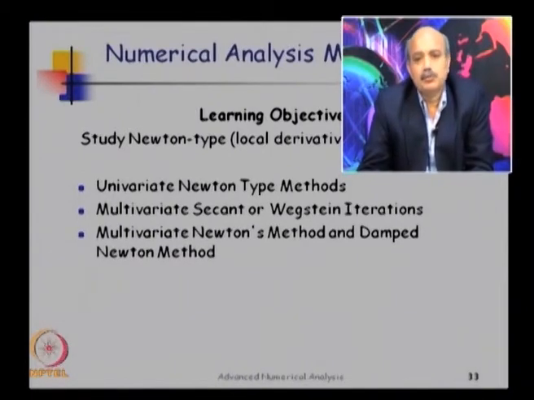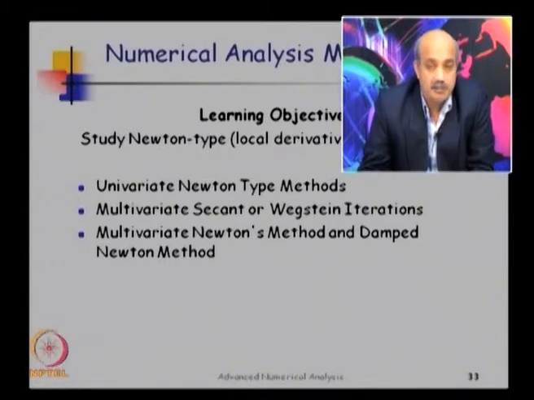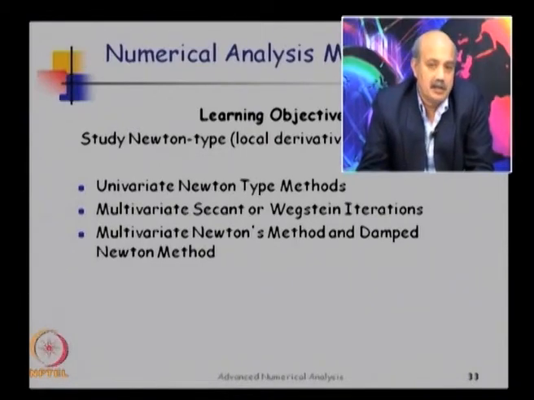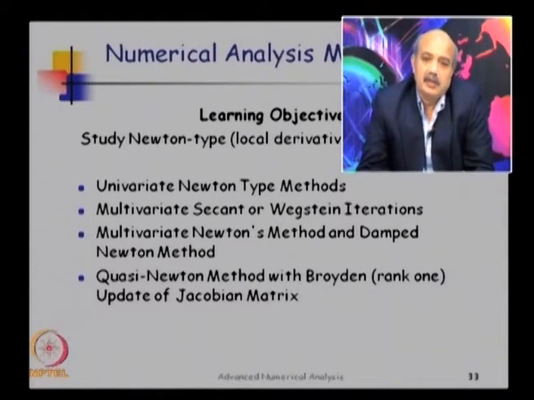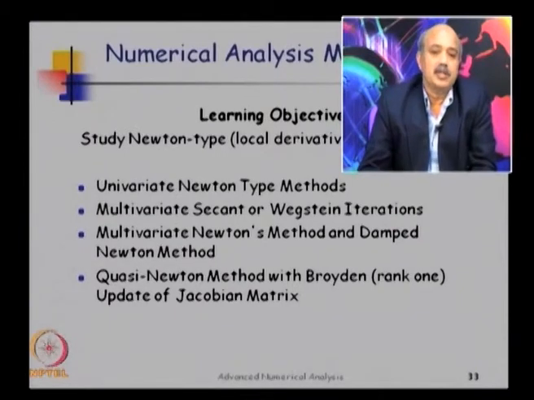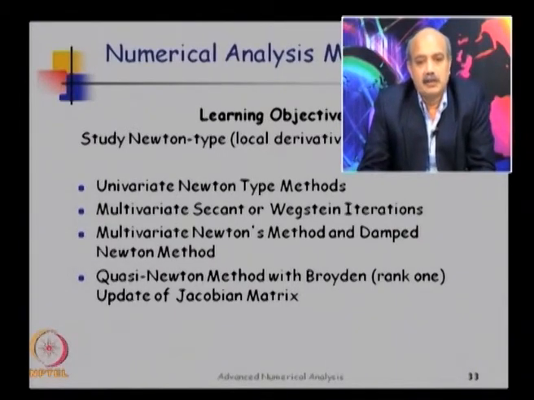Then we will move on to the well known Newton's method and look at its variations like damped Newton method, where you can try to improve the convergence behavior, or we will develop numerically more friendly versions of Newton's method which are called quasi Newton methods, or with rank 1 updates of the Jacobian matrix.